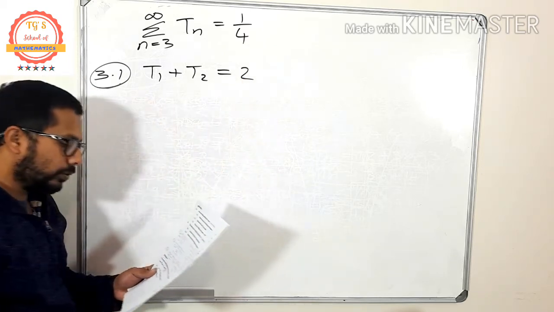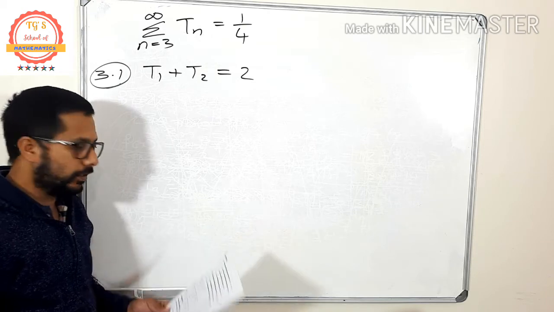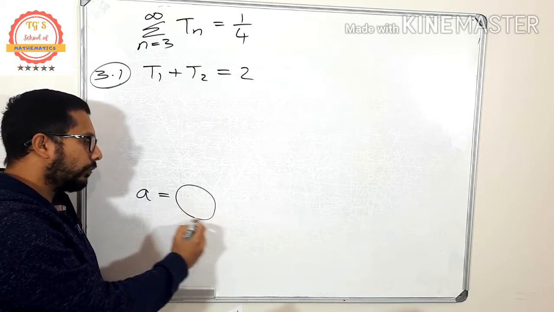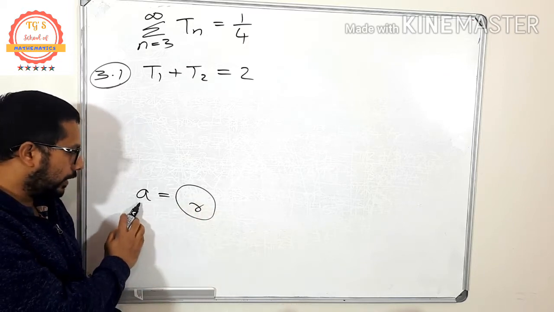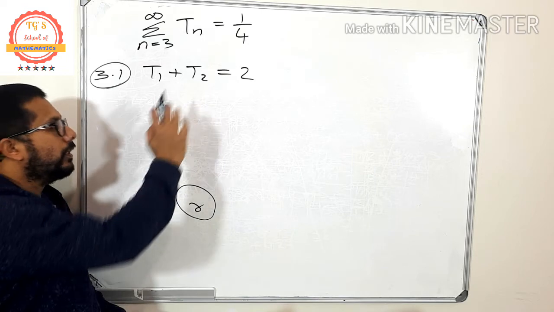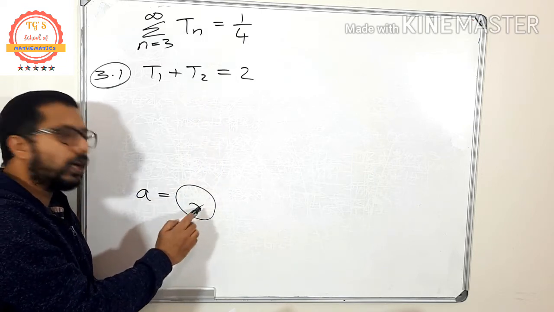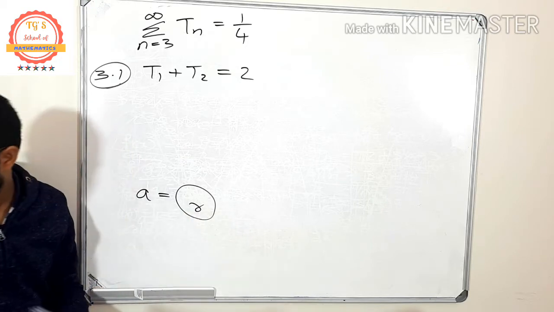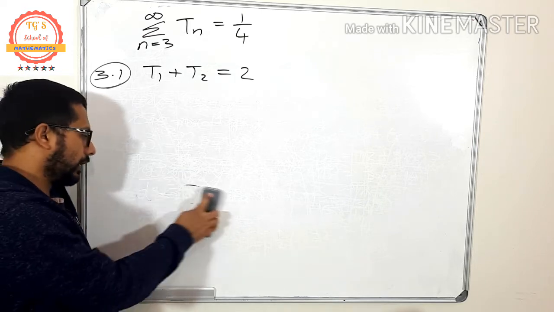You have to write down an expression for a in terms of r. I don't know how the r is going to come, we have to find that one. Anyway, you have to write an expression for a in terms of r.